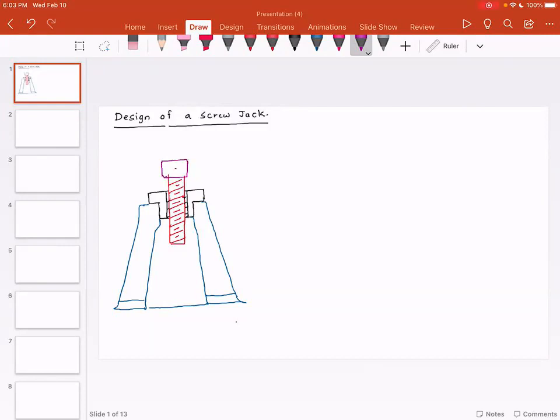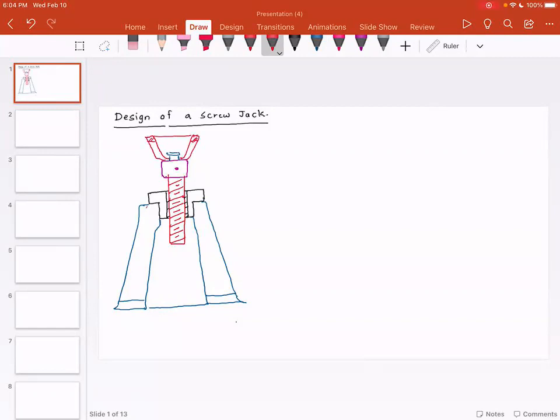The screw is attached to a head, and then usually you would have some sort of a projection and some sort of another bolted joint, and you have a cup. Again, different designs, different variations are possible, but this is a very simple design that we are going to talk about.